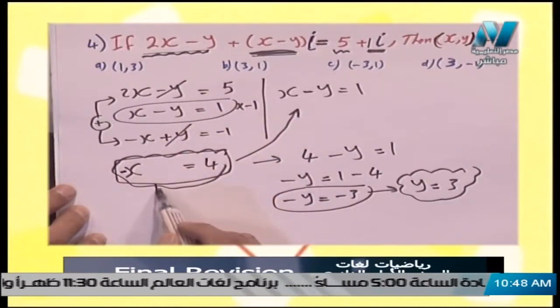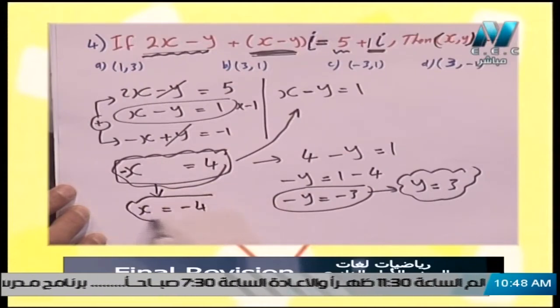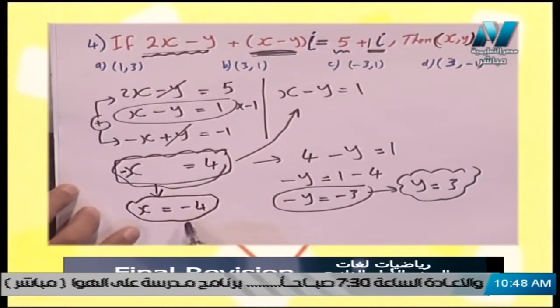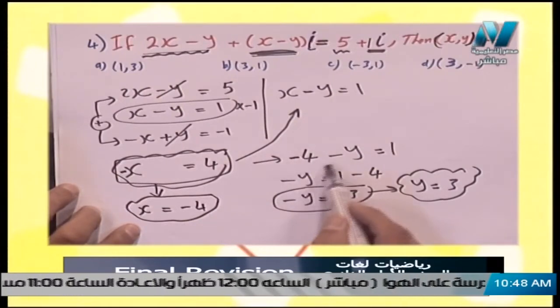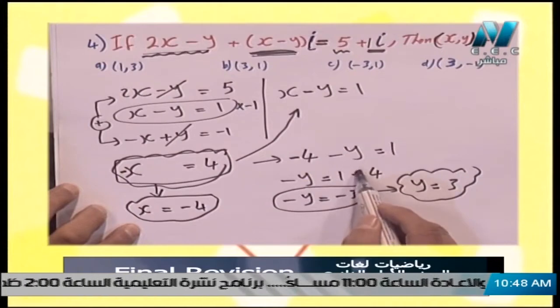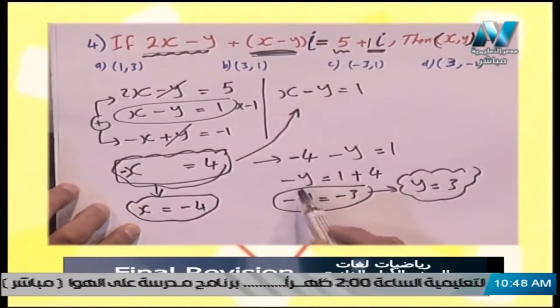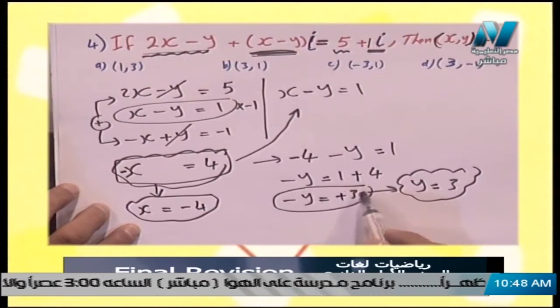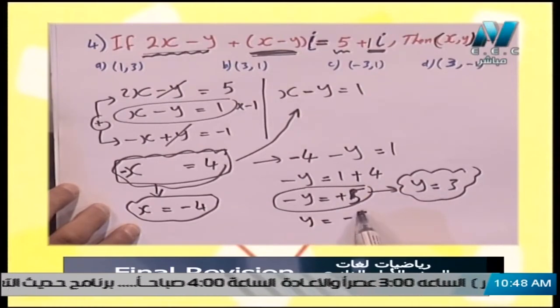Okay, sorry, and we have x here equals negative 4. So x equals negative 4. We substitute it by negative 4. Negative 4 plus negative y equals 1. So transfer negative 4 to before, and negative y equals positive 5. So y equals negative 5.